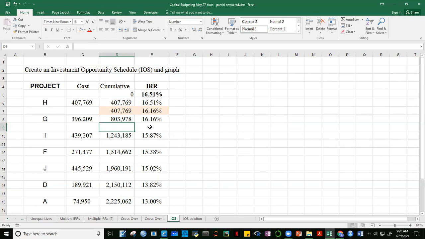Because IRR will now be from 803,978.01, the cumulative cost, and then the IRR should be 15.87.